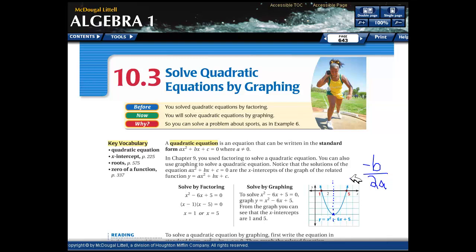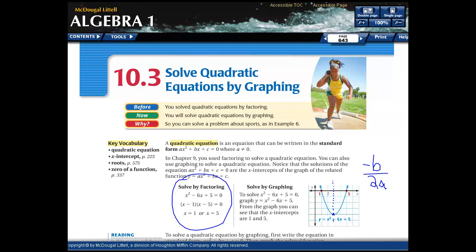If you're a grapher, then this might be the way for you. Because I know that most of you are not, I'm going to say factoring is probably how you would choose to solve it. That is the way I would choose to solve it. I do think it's quicker, but feel free to do either way.